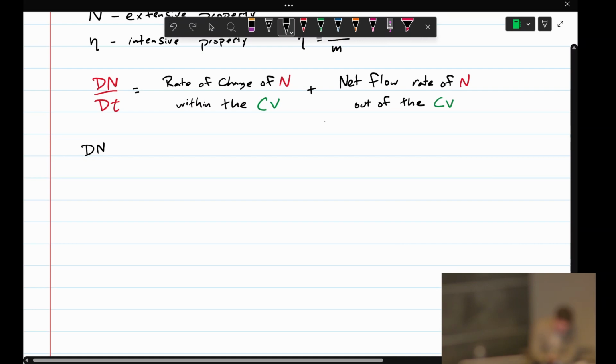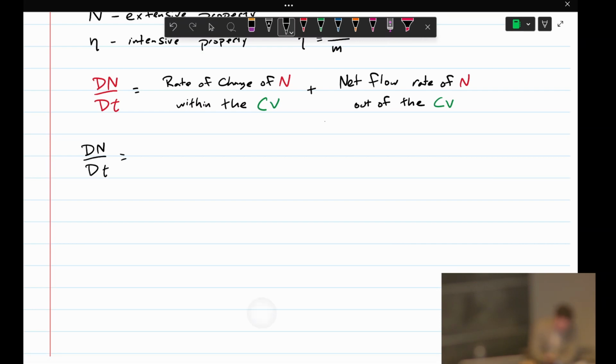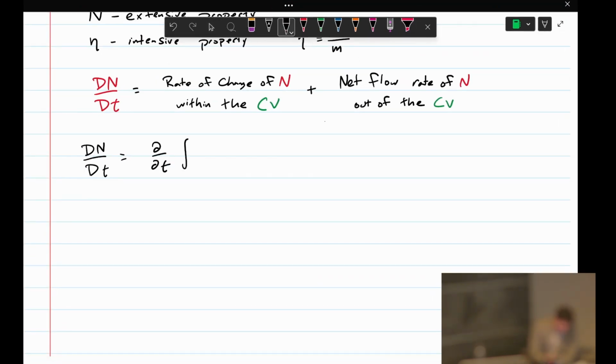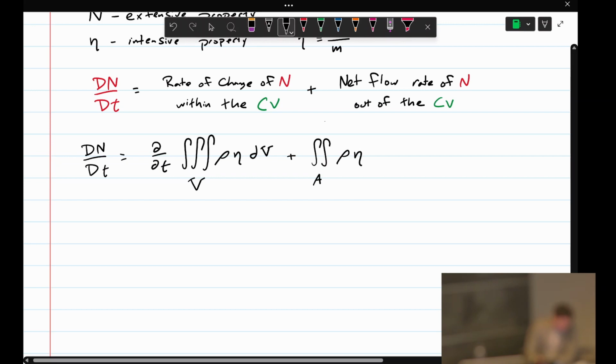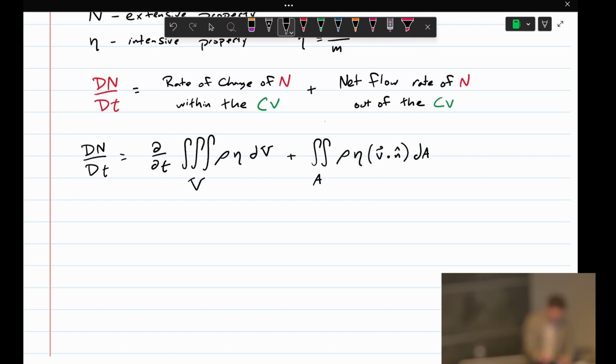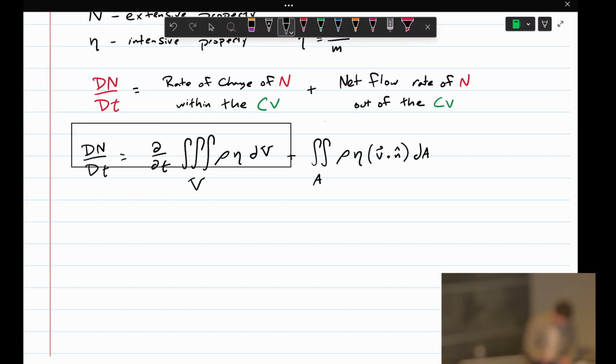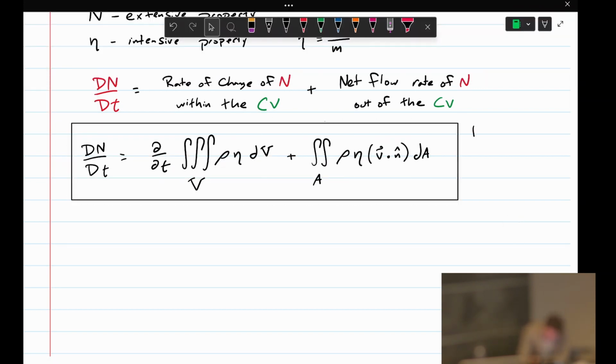So in math, this is the Reynolds transport theorem. Partial by partial t of a volume integral of rho eta dV plus this area integral rho eta v dot n hat dA. So that's Reynolds transport theorem.